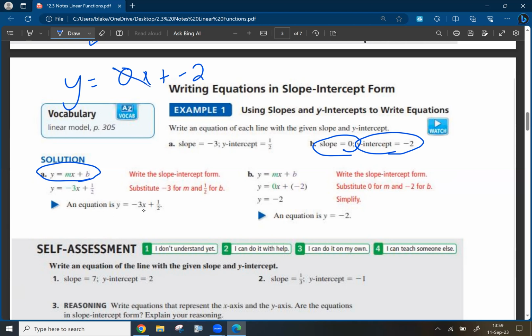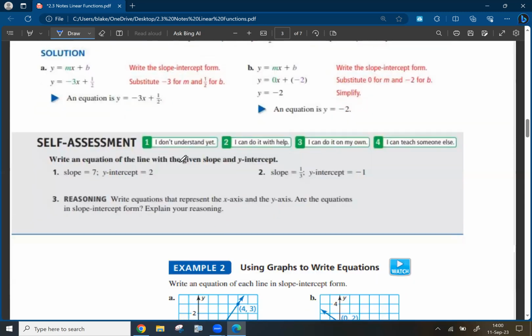Now 0x doesn't mean anything. 0x is no x's, so that's not going to be there. And then plus a negative 2 is really just minus 2. So overall, we'll just have y equals minus 2. And that's why you can see that equation is y equals negative 2. So it's really just a matter of putting the numbers in the right spot. Yes, we do more with this later, but that's sort of the beginning stages of it.